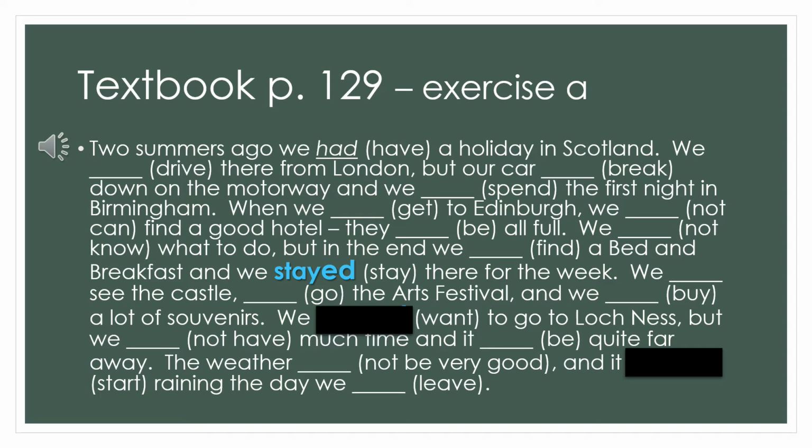Stay becomes stayed because stay is the base form of the verb plus ed. Stayed. Want becomes wanted because want is the base form of the verb plus ed. Wanted.